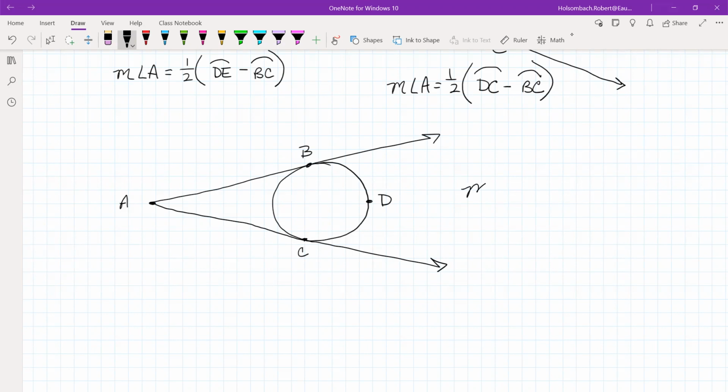So again, the measure of angle A is equal to 1/2 of big arc, which in this case would be arc BDC, minus little arc, which is arc BC. The angle formed is equal to 1/2 of big arc minus little arc. The rule doesn't change, does it?